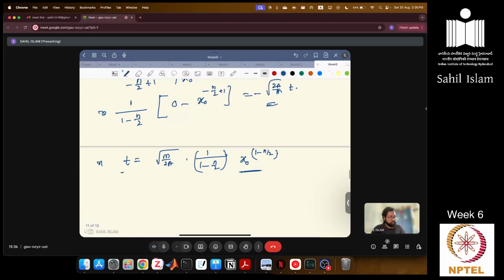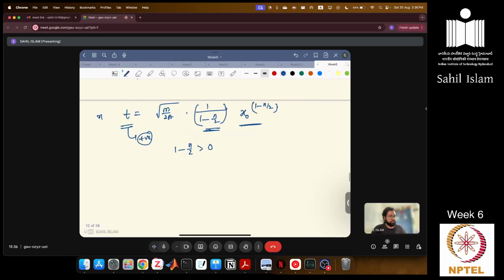Now for this t to be positive, we have to have 1 minus n by 2 to be greater than 0. This has to be positive. So n by 2 is less than 1 and n less than 2.